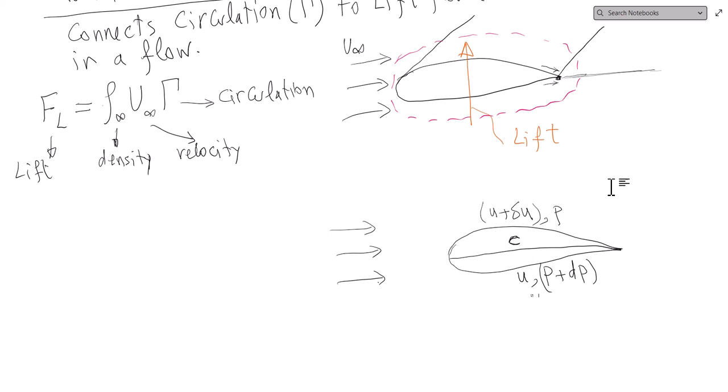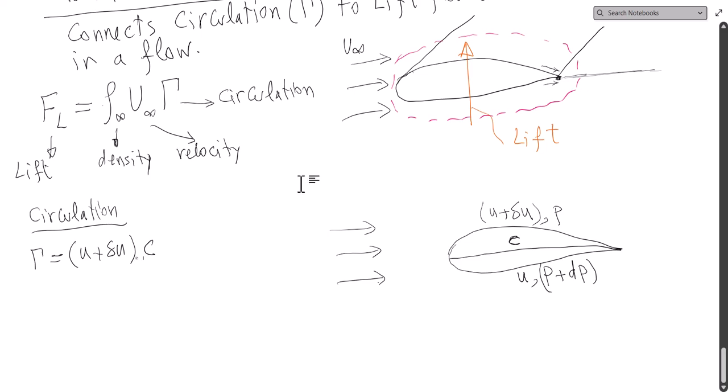Okay, so let's calculate the circulation. Therefore, circulation would be gamma. On the upper part, I will have u plus delta u times c.